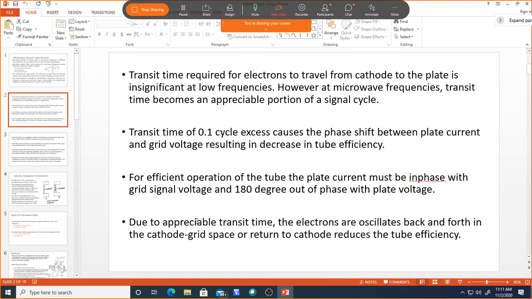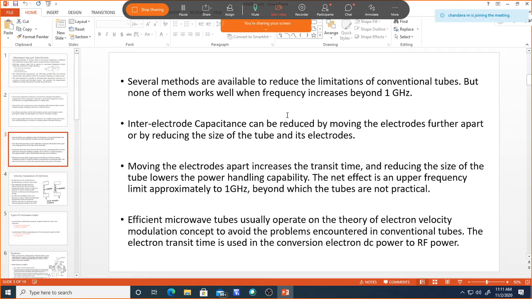So this transit time effect is very significant and prominent at higher frequency, and we need to take it into consideration. Other methods were also made available in electronic vacuum tubes to generate power, but they have limitations beyond 1 gigahertz and will not work.